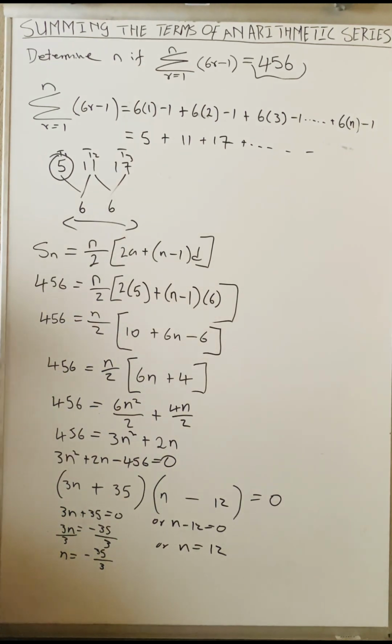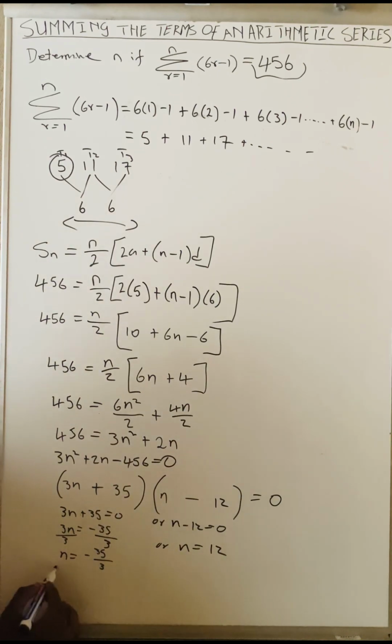And here we find that negative 38 over 3 is not equal to 456. Therefore, n is equal to 12.